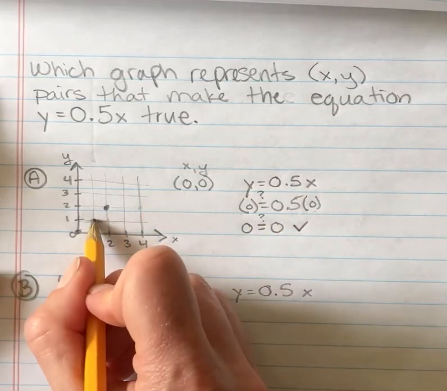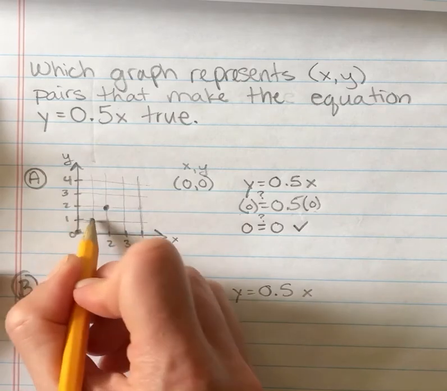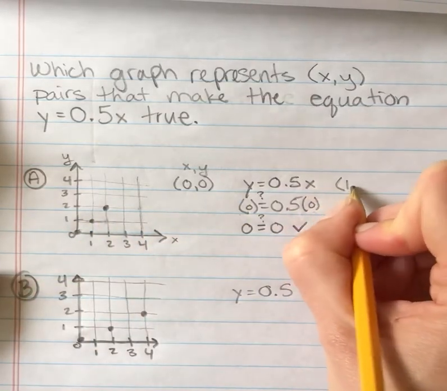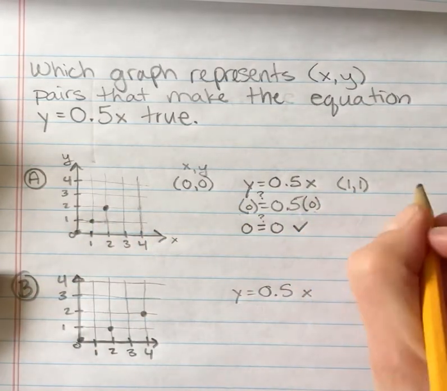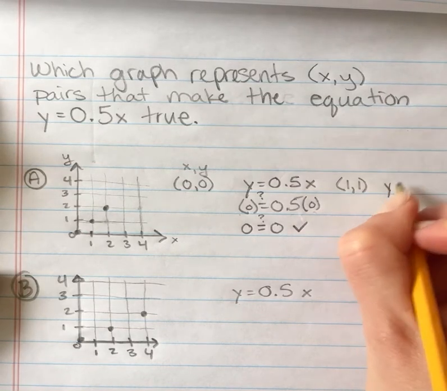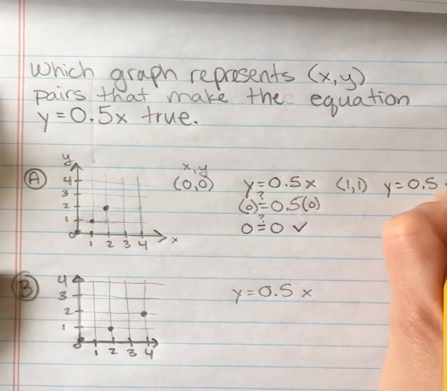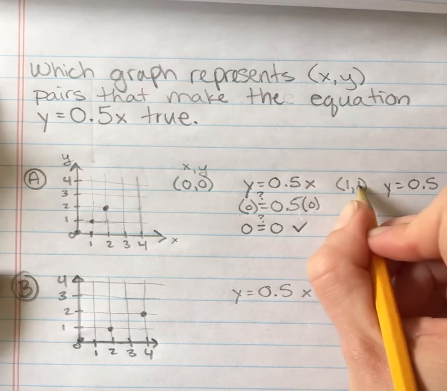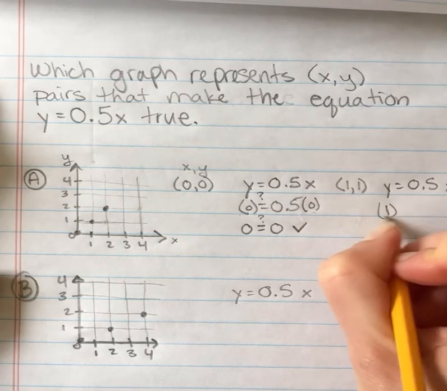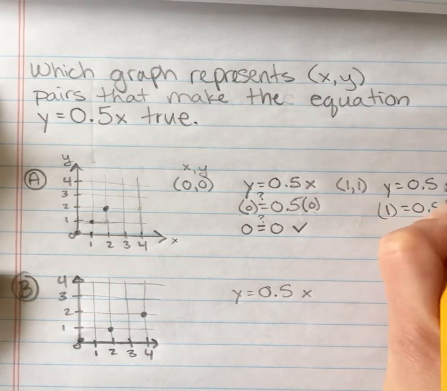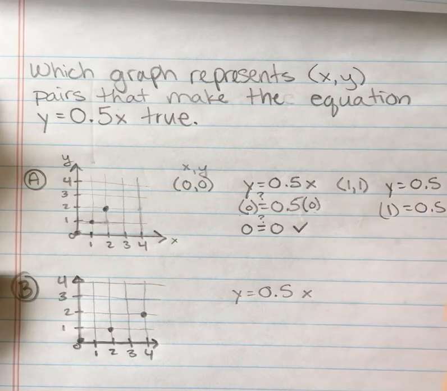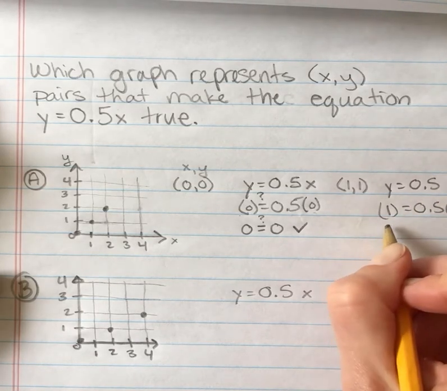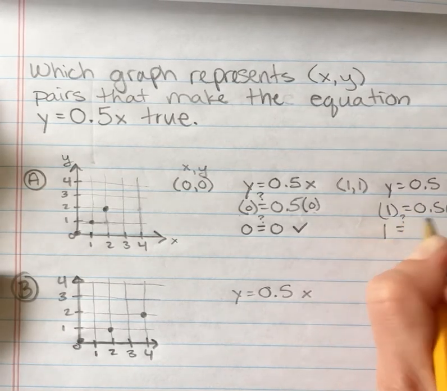Now we're going to try the next point. The next point is 1, 1. So for coordinate 1, 1, I have y equals 0.5x. Y is 1. 0.5x is 1. Well, is 1 equal?